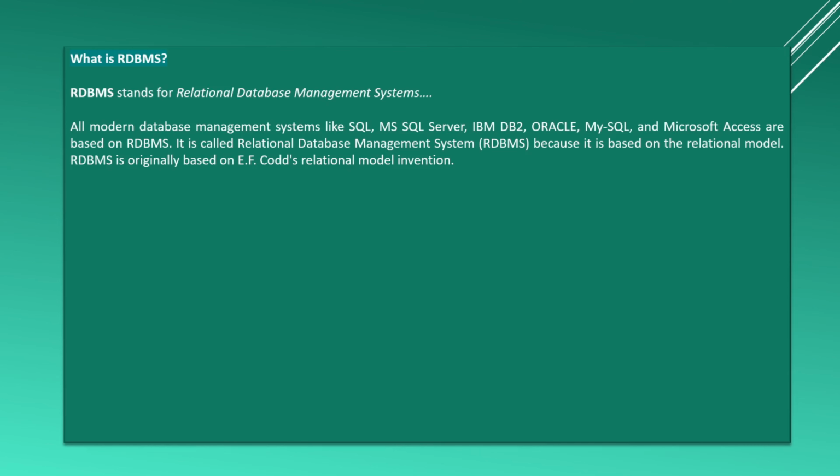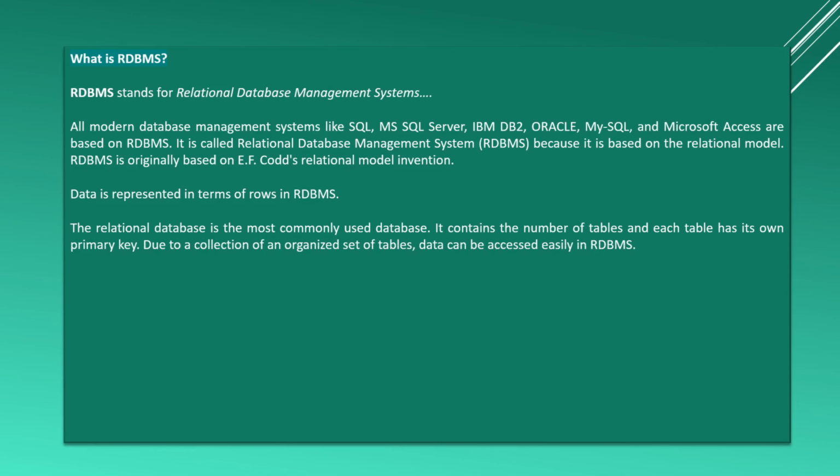All modern databases are based on the RDMS management. The relational database is most commonly used. It contains a number of tables. Each table has its own primary key. Due to the collection of the organized set of tables and data, it can be easily accessed.